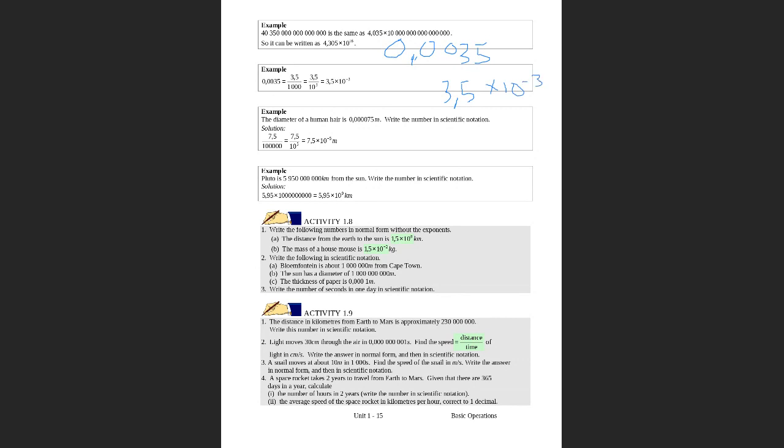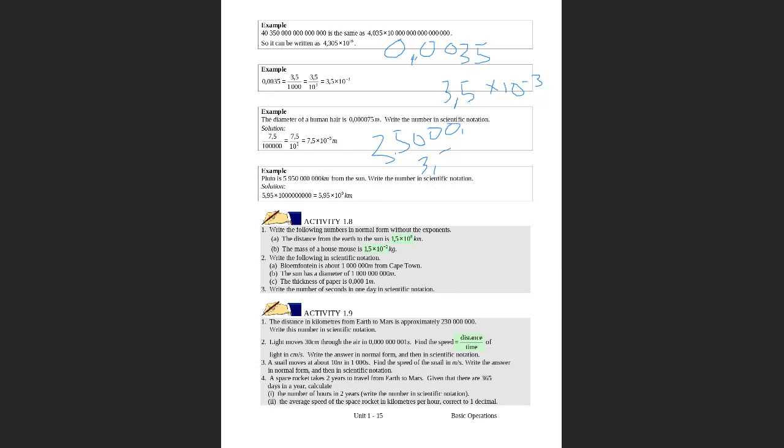In the same way, if I have, let's say, 35,000 like this, the comma is here. So we are going to go 1, 2, 3, 4. The comma will come here, so we have 3,5.